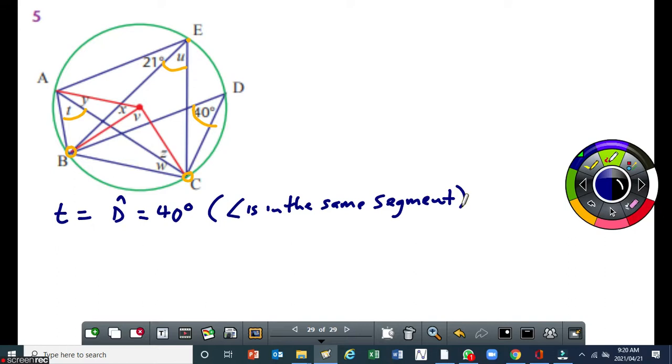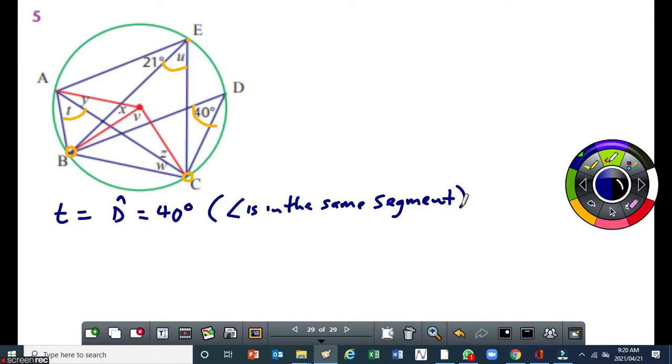I would suggest that you indicate that that's theorem 4, because it's your worksheet and you're supposed to stick it inside your notebook. So I use theorem 4, angles in the same segment. So I got T. After T, which letter follows on the English alphabet?